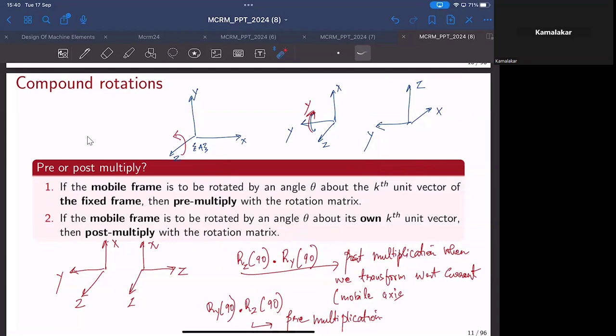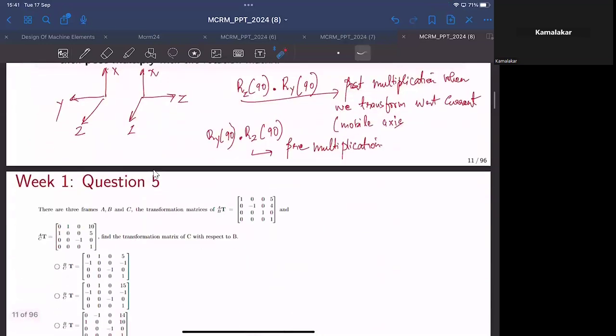And if you apply this transformation, the pre-multiplication, to the original frame of reference, you will get the output as this one, right? So that is about compound rotations.